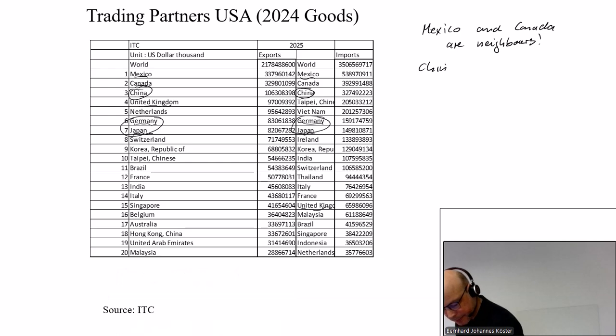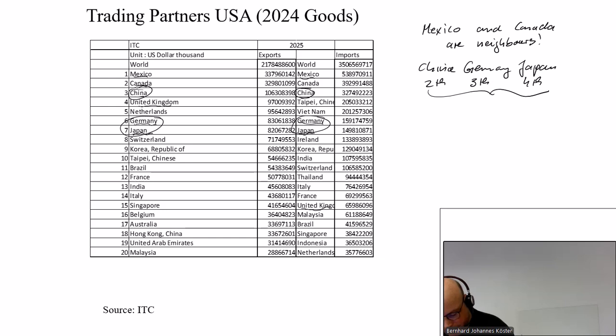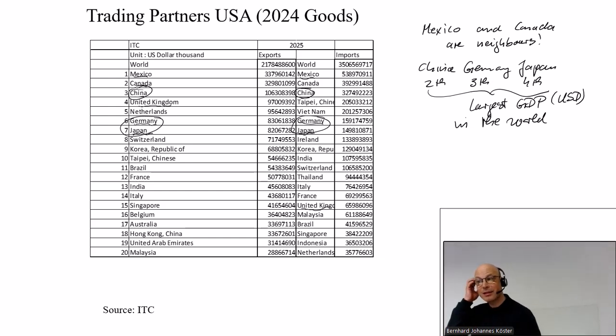China, Germany, Japan. These are the second, third, and fourth largest GDP in US dollars in the world. So three countries are very large in an economic measure.